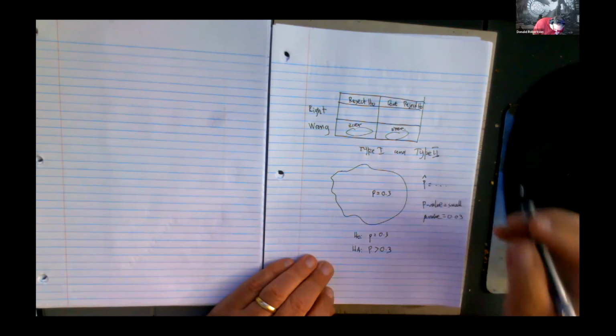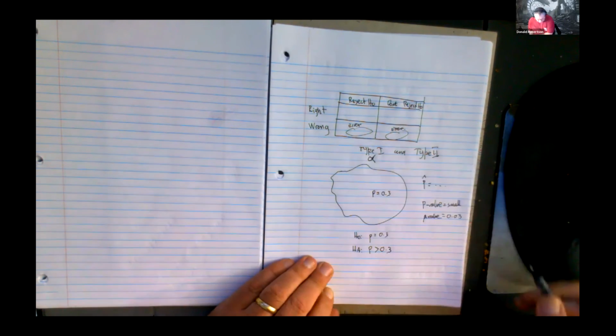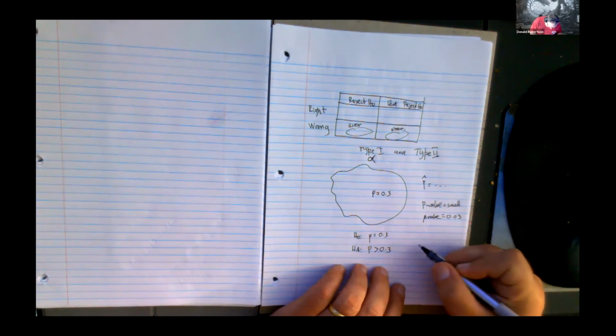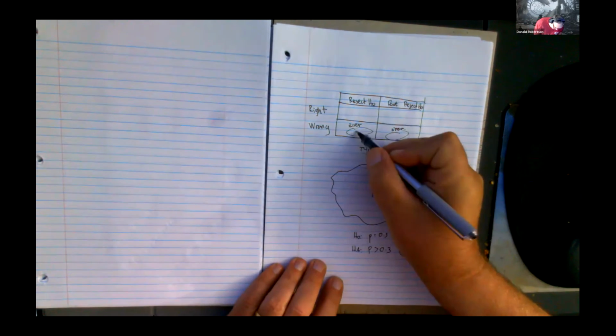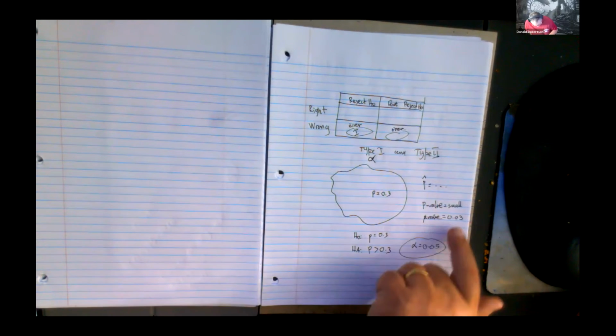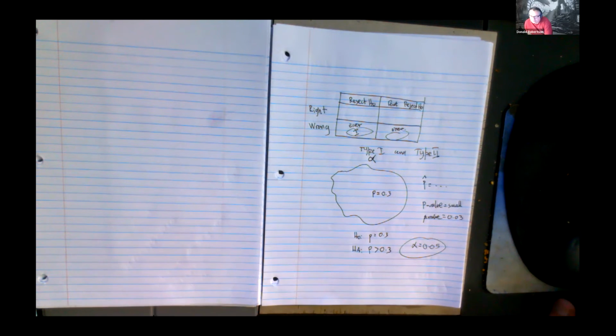Now, in a hypothesis test, the type 1 error is the same number as the significance level. So if you had a question that gave you a whole story and asked, is there enough evidence to prove that P is greater than 0.3, and the significance level was that, then you could say in general, your type 1 error would be 0.03, or at least up to and including alpha's value.